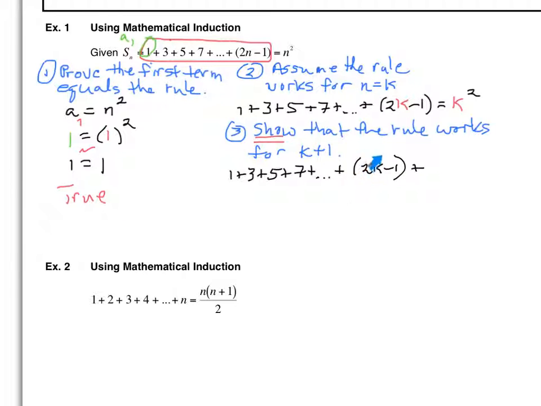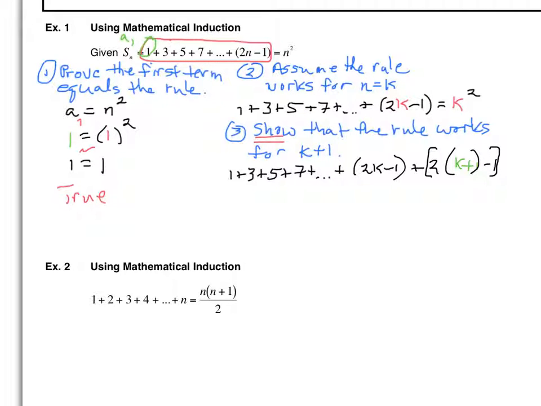K plus 1. So wherever you see the k, you're going to input a k plus 1 for this next term. So we have to go one more term in the sequence. And so here's what it looks like. 2 times k plus 1 instead of the k minus 1. And then I'm going to put parentheses around that, or brackets, I guess, because I already have parentheses.